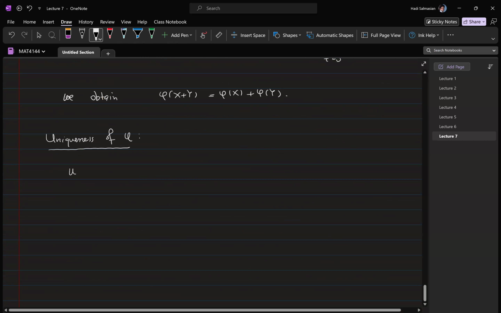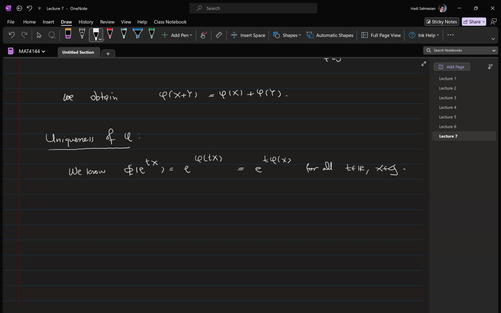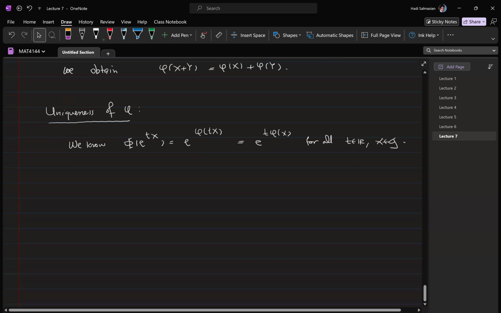So we know that phi of e to the tx equals e to the t phi x, or rather maybe I should write it as e to the phi of tx, and phi preserves scalars, so this is e to the t phi x for all t in R and x in G, right? This is by the definition of phi x. But I applied the definition to tx, and I use the fact that the scalar can come out. I proved linearity of phi anyway for whatever phi is there, okay?